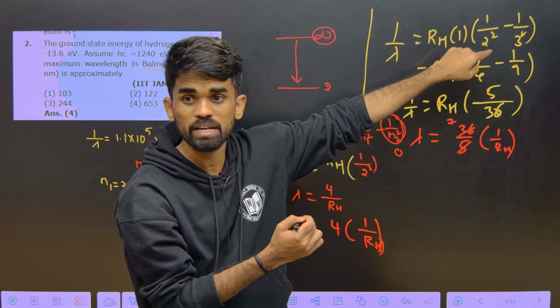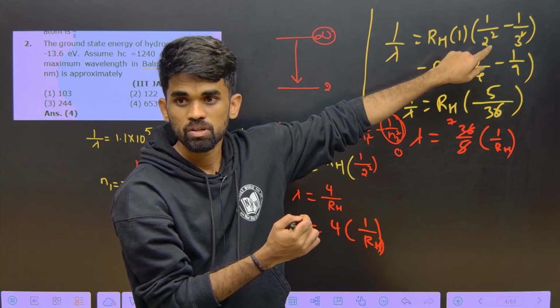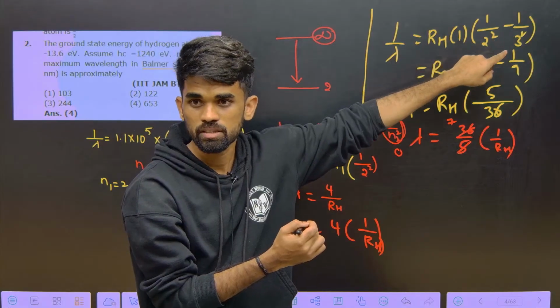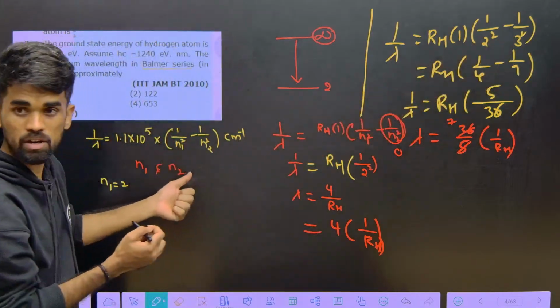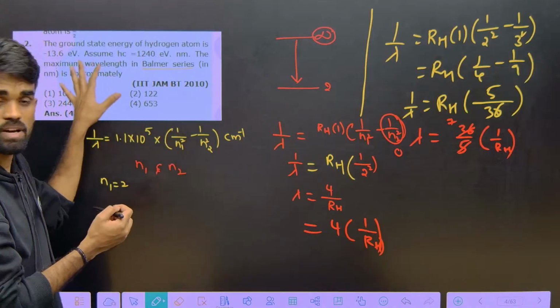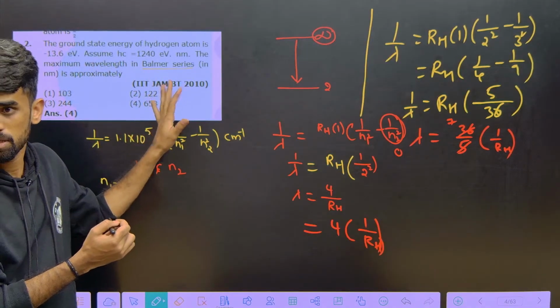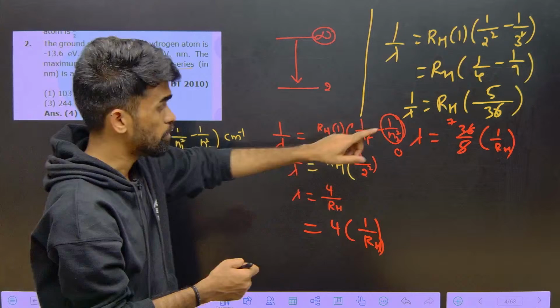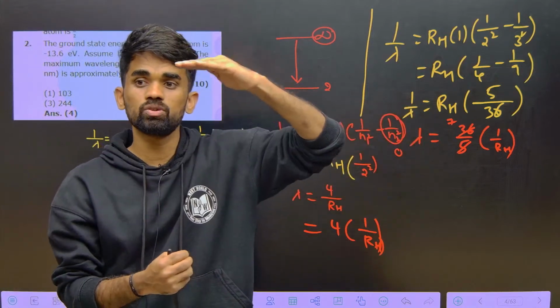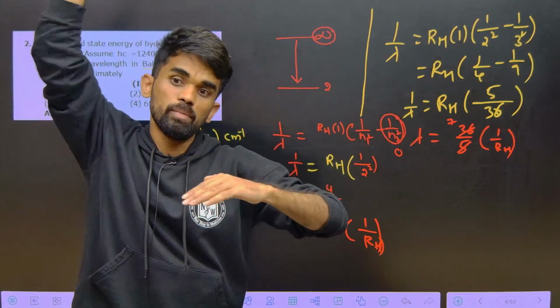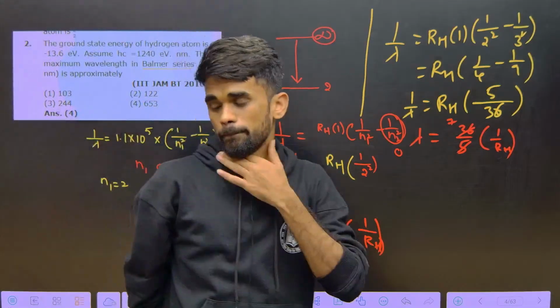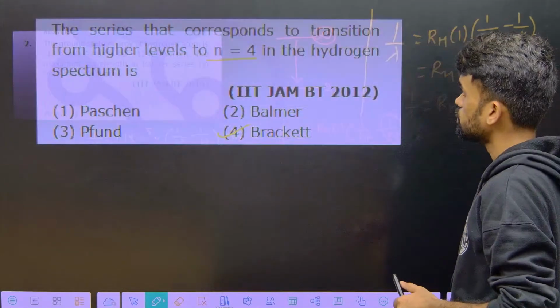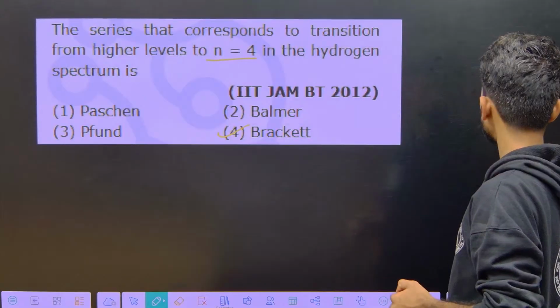So what are our n1 and n2 values? n1 is 2, n2 is 3. Take those n1, n2 values, substitute here, and you will get one of the answers out of these four options. Clear with this? Maximum means 3 to 2. Minimum means, that's it. Okay, done with this also.